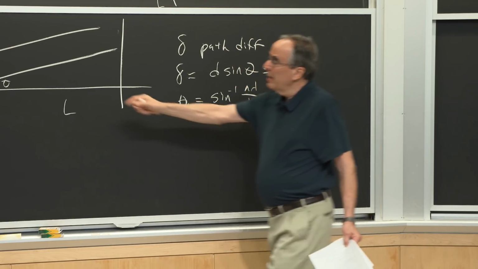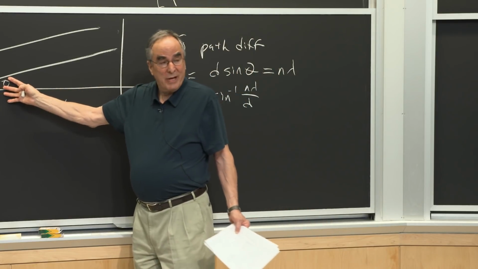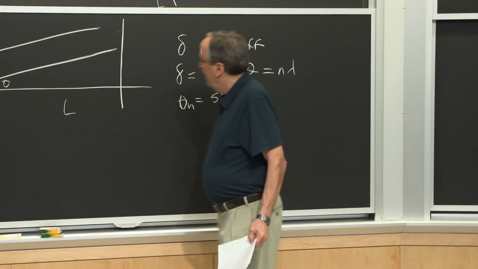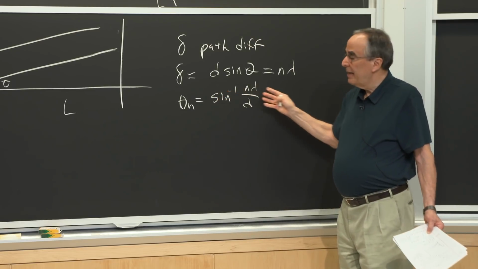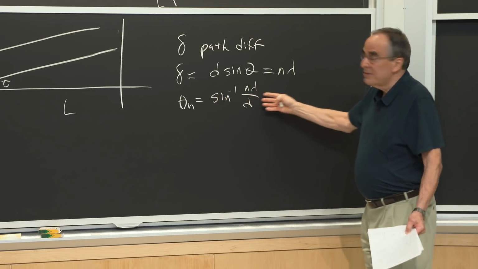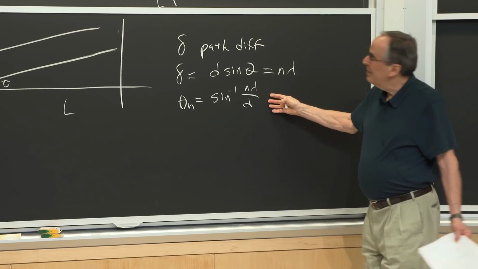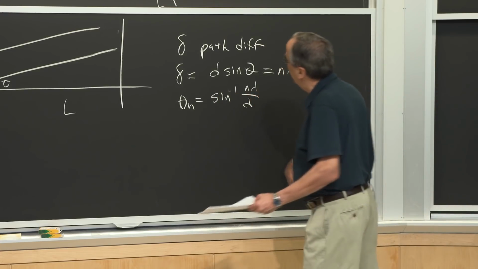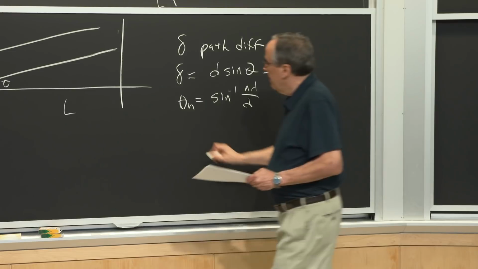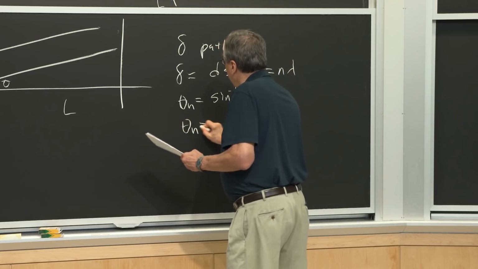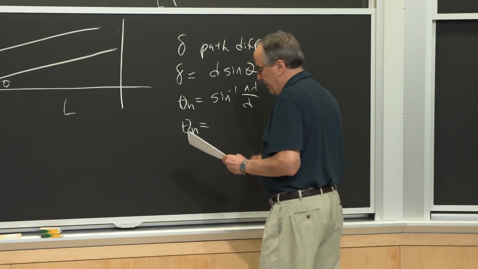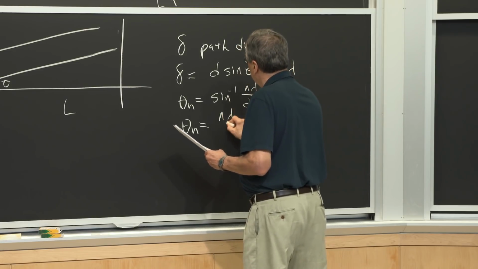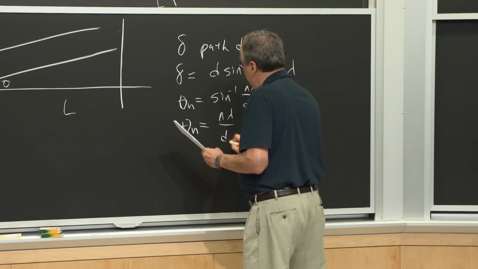But this is a small angle, even though I drew it not as a small angle. And so we can replace sine x by x, or inverse sine y by y, and anyway, we can say that the angles for constructive interference are given by n lambda over d.